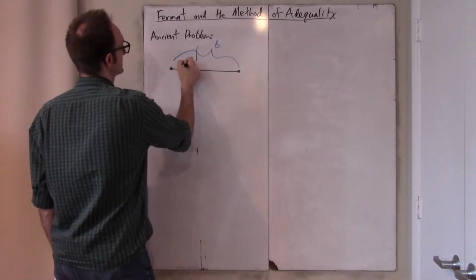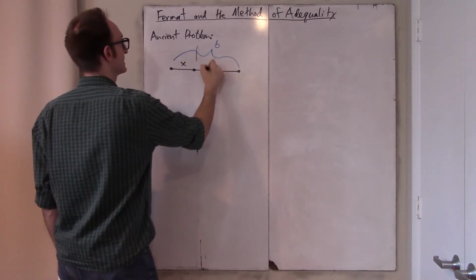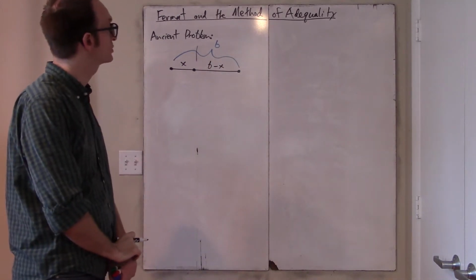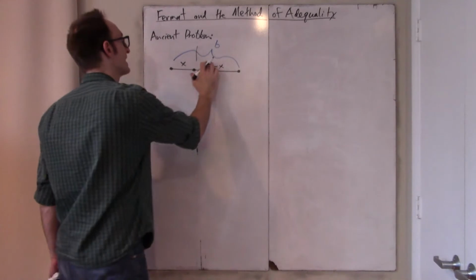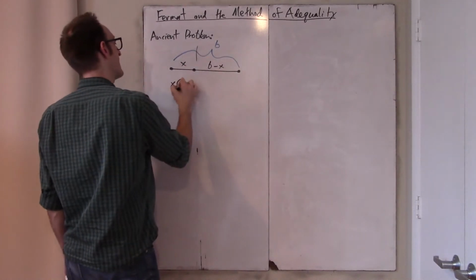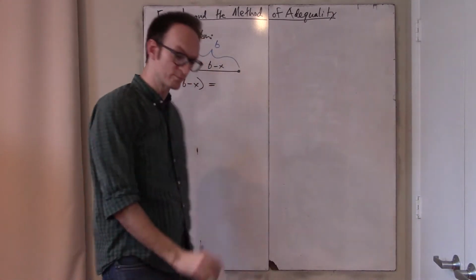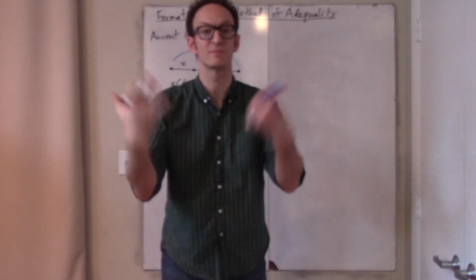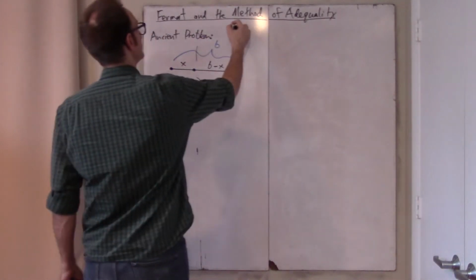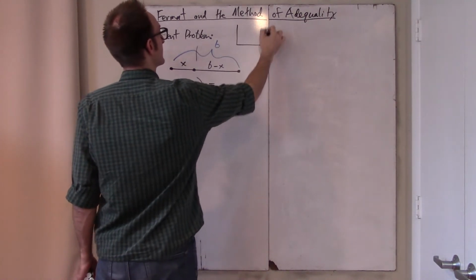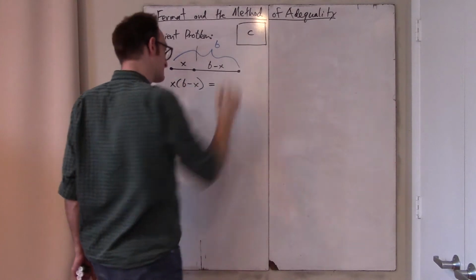If this is x and this is b minus x, then I want to construct the rectangle x times b minus x such that it is equal to some given rectangle. Maybe it's even a square, and the area of the square is c.